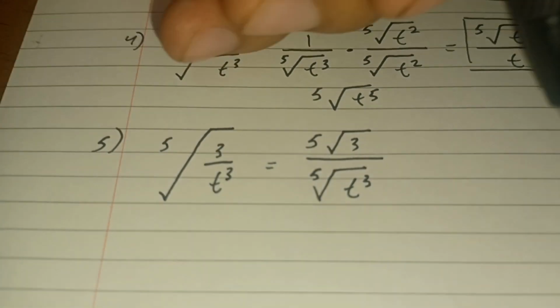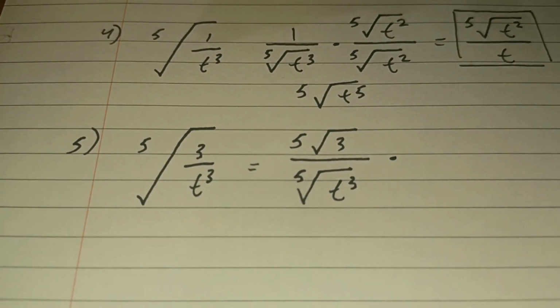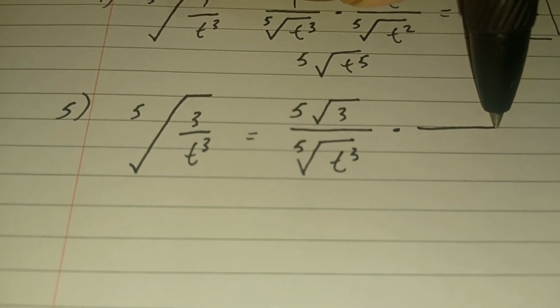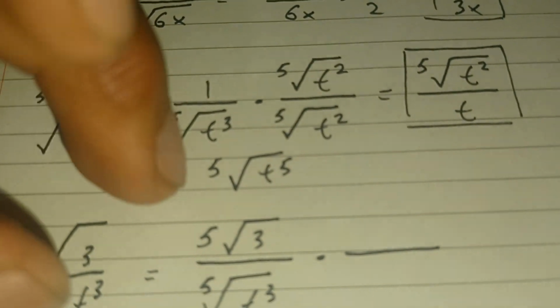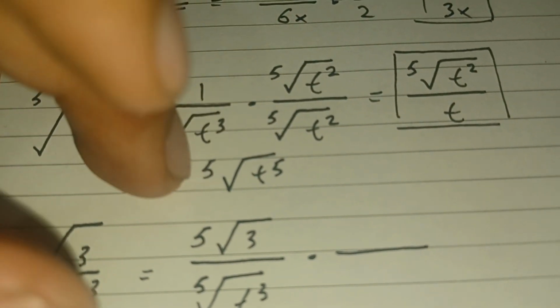Again, we have to get rid of the nth root in the denominator. We do this by using the same concept here. We want it to be like that, so these two can cancel out, and we're just left with t.